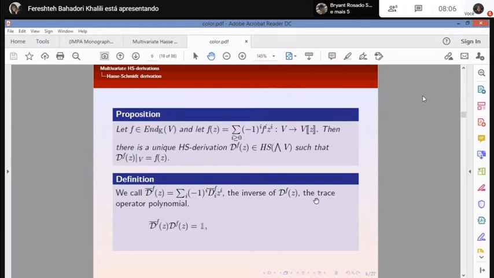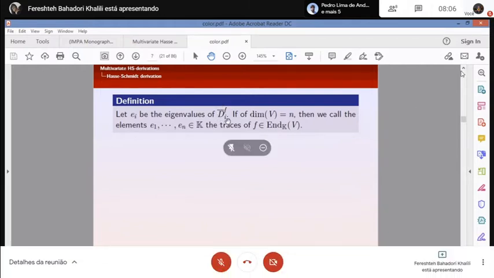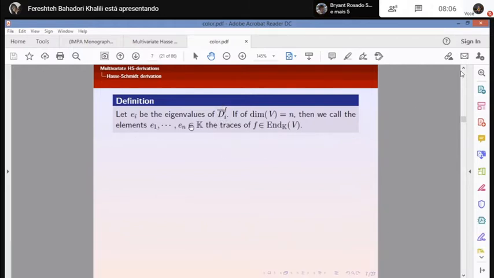Before that, just notice that because these two are inverses of each other, the d bar f on V is exactly obtained by this 1 minus fz. Now, if the E_i are the eigenvalues of the components of the inverse, we call them the traces of f.